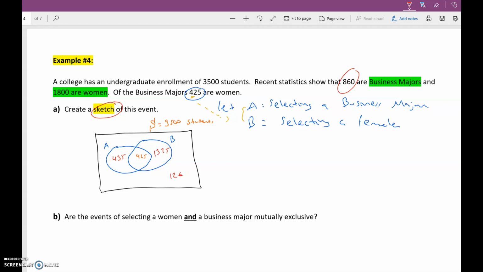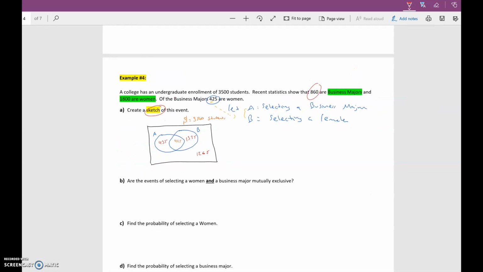Now, please take a second and double check that 1265 plus the other three values here add up to 3500. Let me double check. I'm getting 1265 plus 435 plus 425 plus 1375, I'm getting 3500. So your Venn diagram consists of the sample space at 3500, and then both of the events declared here. A represents business majors, B selecting females. That would be the sketch of this event.